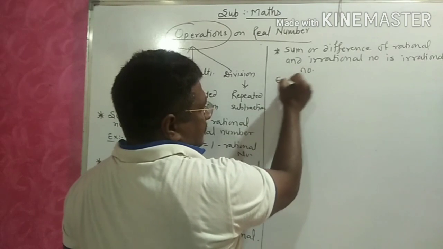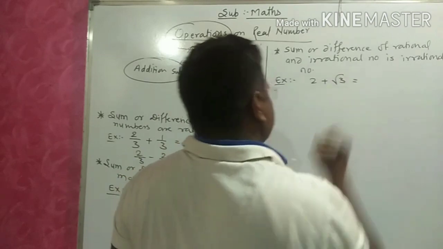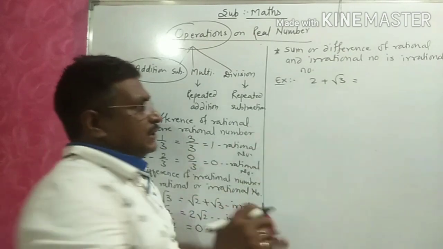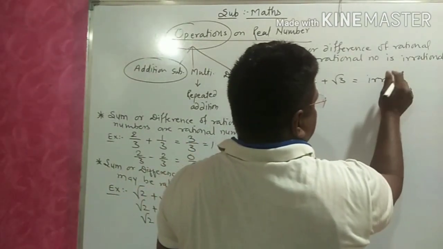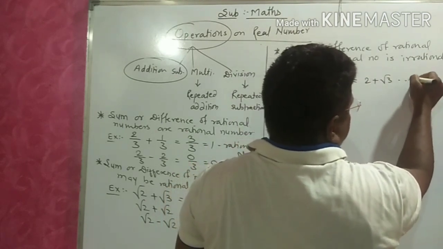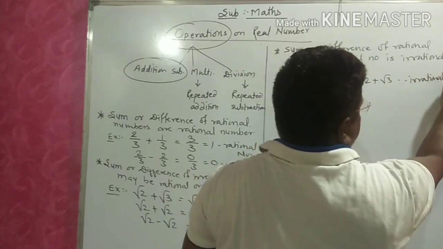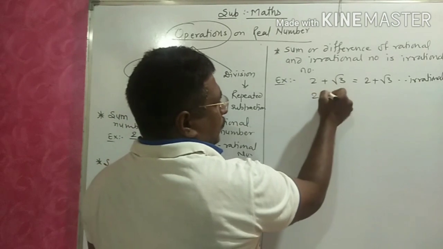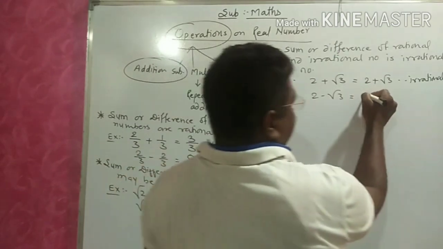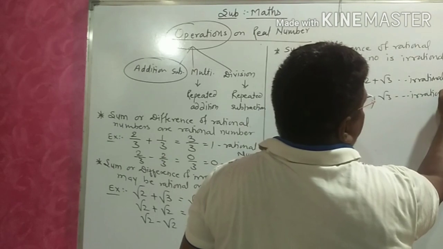Just now we saw the example: 2 plus root 3. 2 is a rational number, root 3 is an irrational number. So what will we get? We cannot add that, so it is an irrational number. 2 minus root 3, this also we cannot subtract. So we write 2 minus root 3. This is also an irrational number.